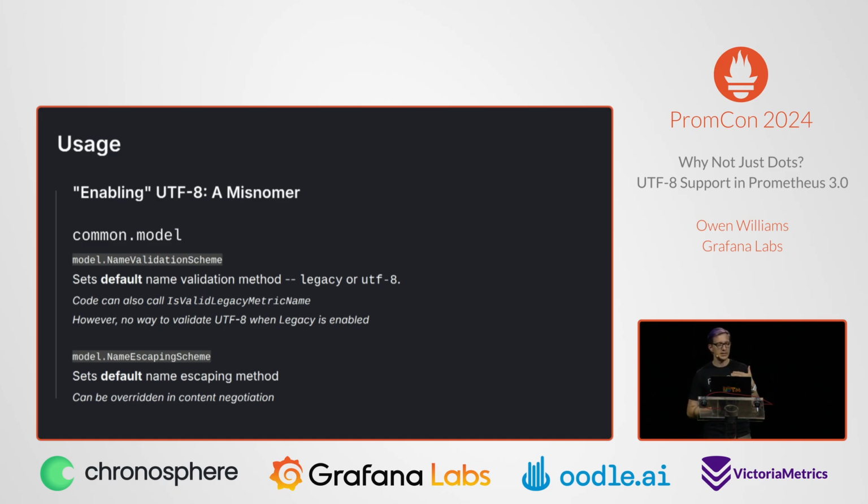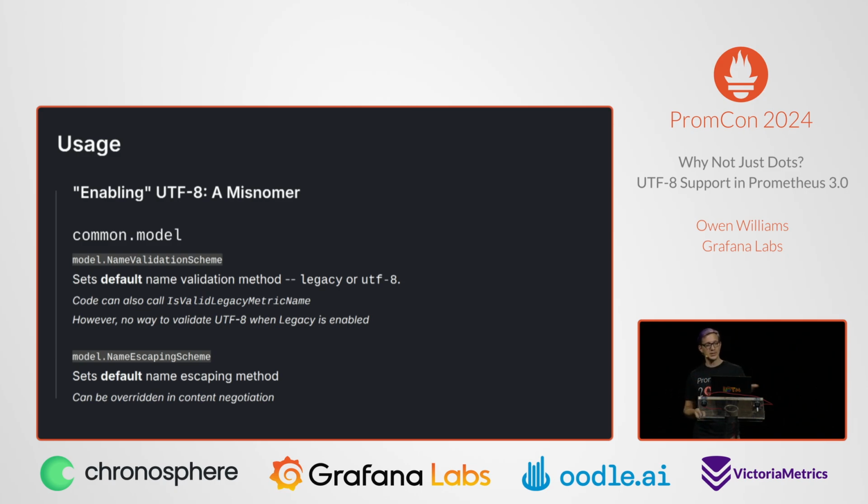And then there is an escaping scheme. We know that no migration is smooth and knife edge. Some systems will be updated before others. It's very likely that a metrics producer is going to be UTF-8 capable talking to a system that is not capable of that.